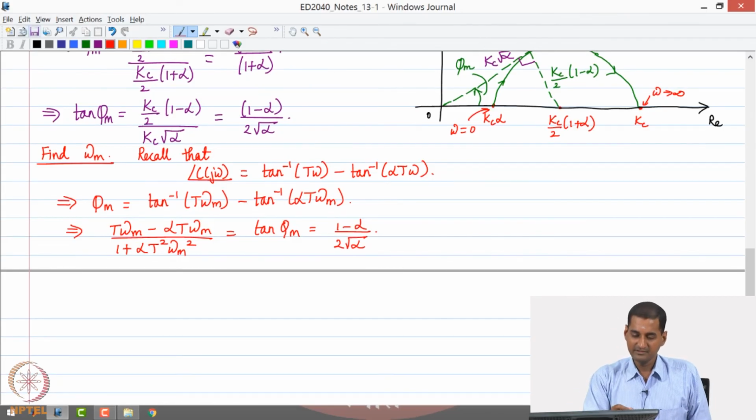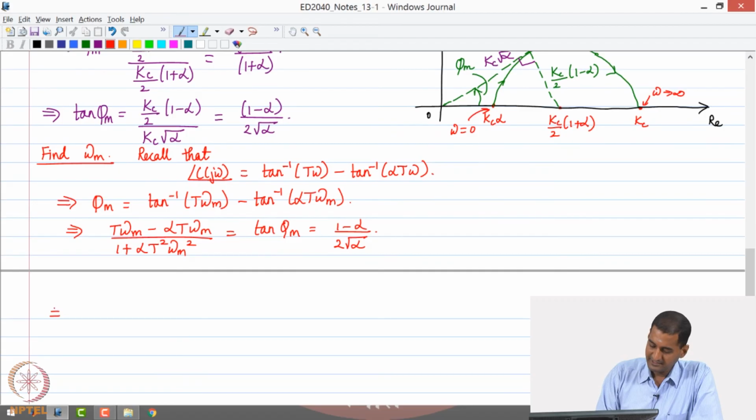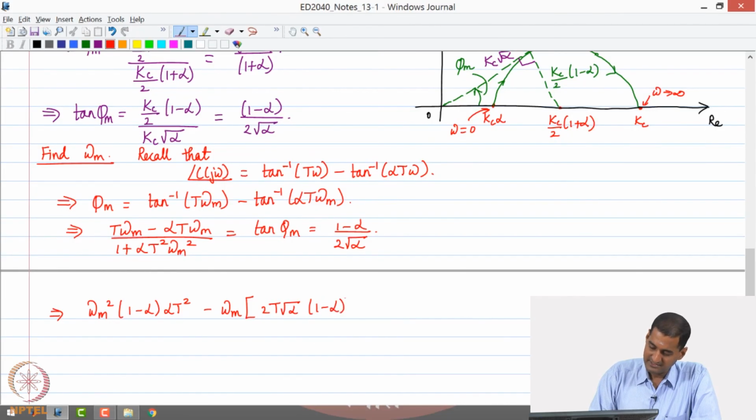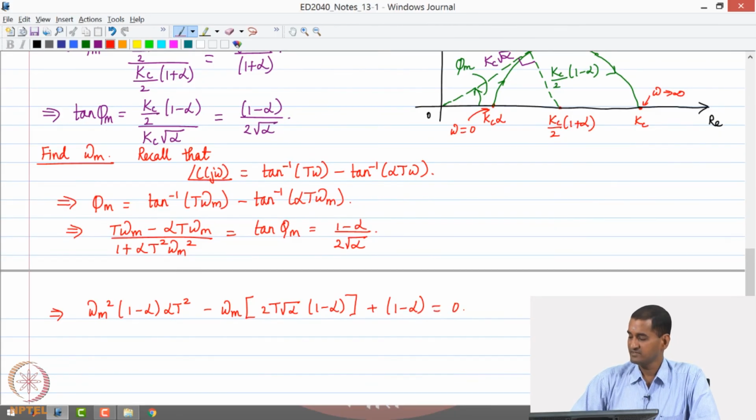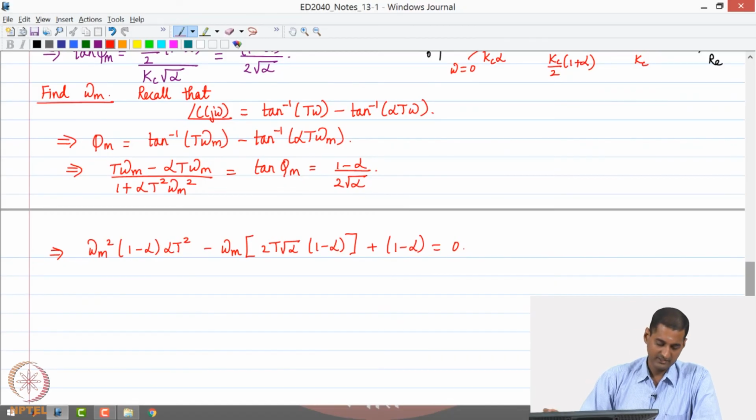That trigonometric formula has been used. With this expression we can get a quadratic equation in omega m as follows: omega m square times 1 minus alpha times alpha t square, minus omega m times 2 t square root of alpha times 1 minus alpha, plus 1 minus alpha, is equal to 0. That is the equation we are going to get for omega m.